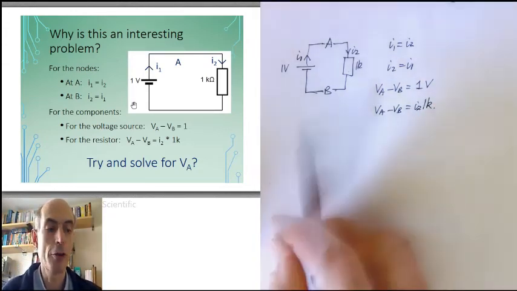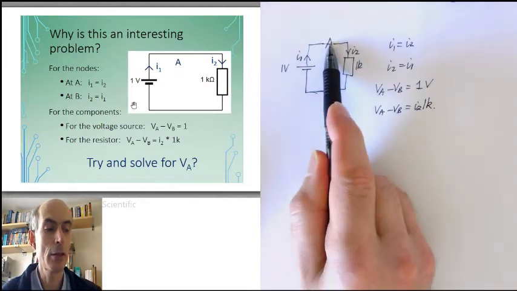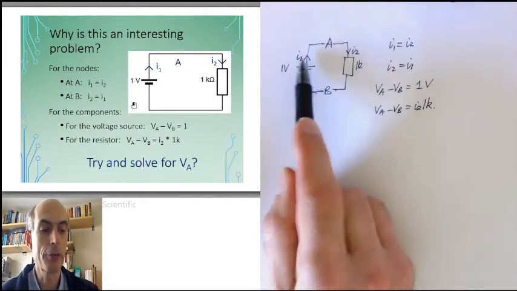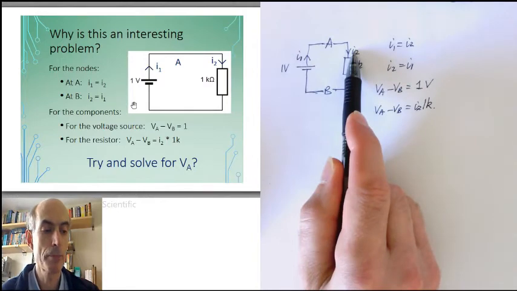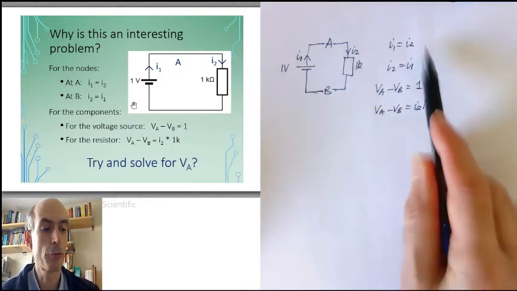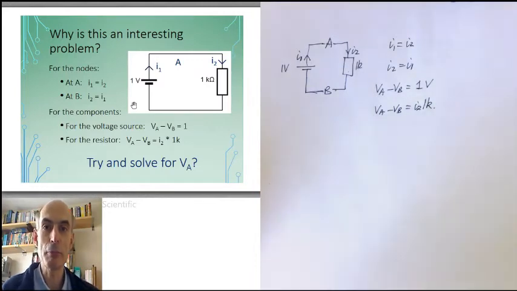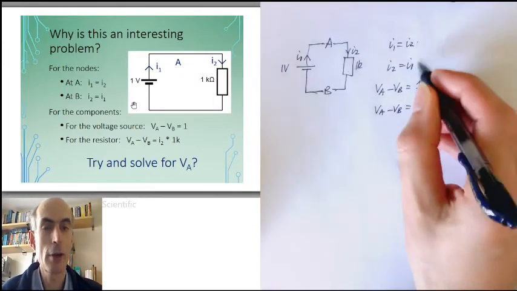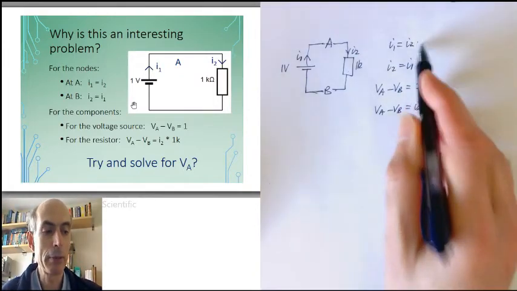We have 4 unknowns: the voltage at VA, the voltage at VB, the current I1 and the current I2, and we've gone through the algorithm and found our 4 equations. Except we haven't found 4 equations. We've only found 3. The first 2 equations are identical. They're the same.